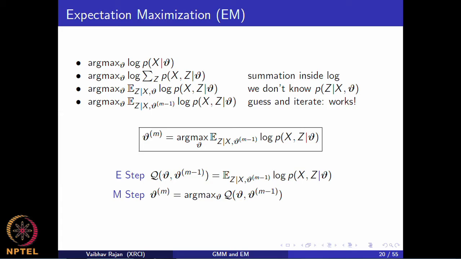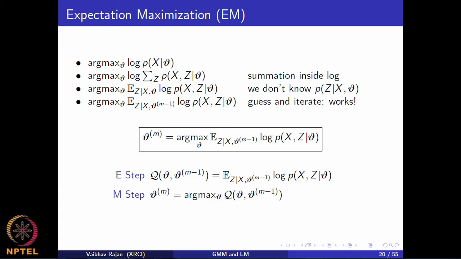So we decide to not compute the maximum likelihood in this way, but instead compute the maximum taking the expectation of the log likelihood of the complete data. But again under the distribution of z, we do not know the real distribution of z because we do not know the parameters.